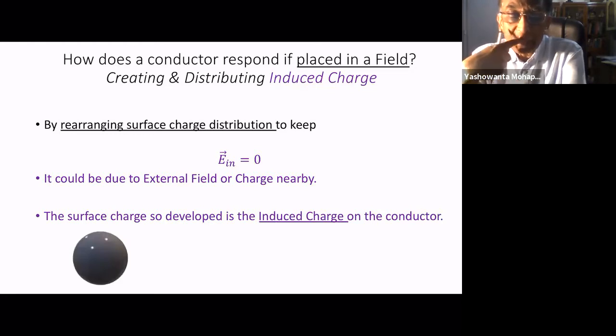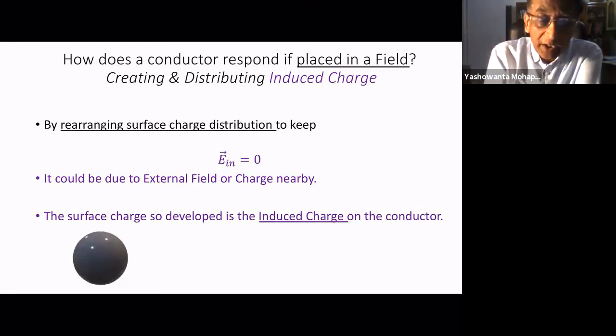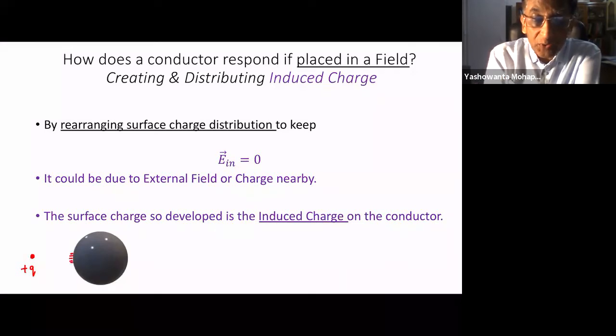Suppose I take a charge here, let's say plus q. Then the electric field due to this would affect the conductor. The electrons will get more attracted towards this, but this whole thing is neutral.